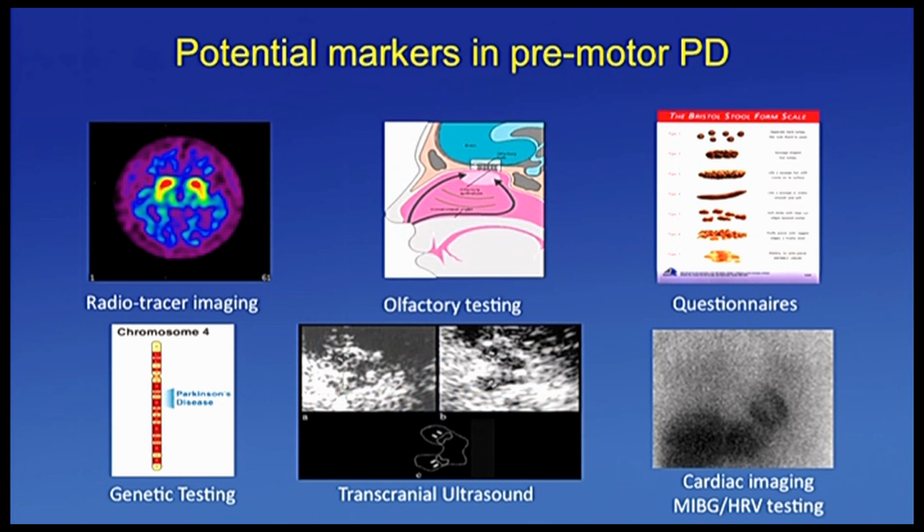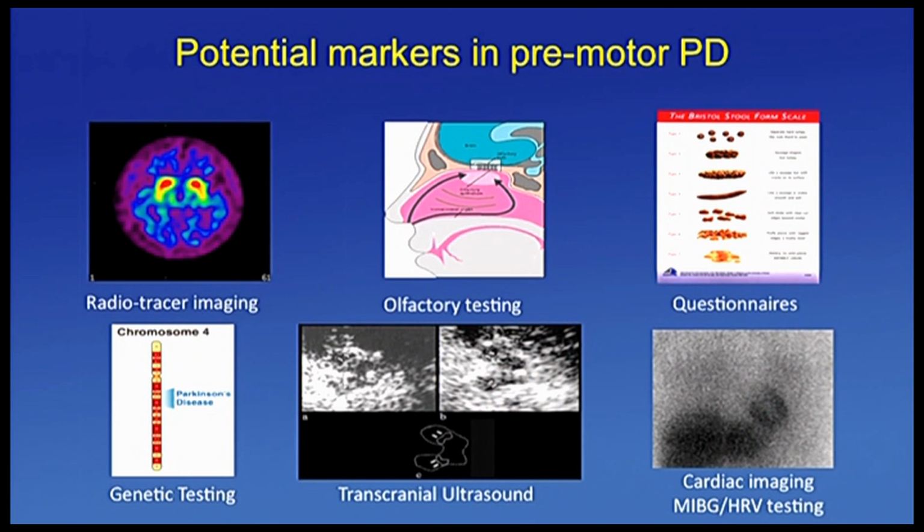We also have ways of looking at the stool frequency. If you have one stool every 3 days or less, especially in an Asian population, you may have a propensity to develop Parkinson's disease. We talked about the genetic testing. There is some transcranial ultrasound tests that can be done. That's not as commonly used. And there are some testings that are used for cardiac imaging that test the phenomenon where there is dopamine loss in the sympathetic fibers that occur in the heart.